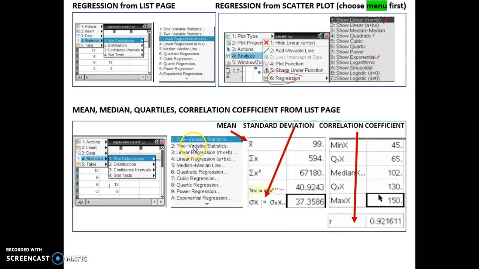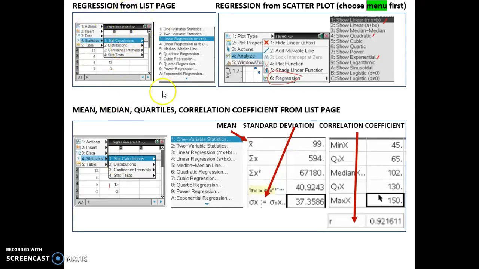Whether you choose one or two variables, if you choose one variable, you'll be able to get your mean and your standard deviation. If you choose two variable statistics, you can get the correlation coefficient. Also, with either one of these, you can get your minimum value, your quartile 1, your median, your quartile 3, and your max. So these steps are all that you can take on the Inspire calculator.